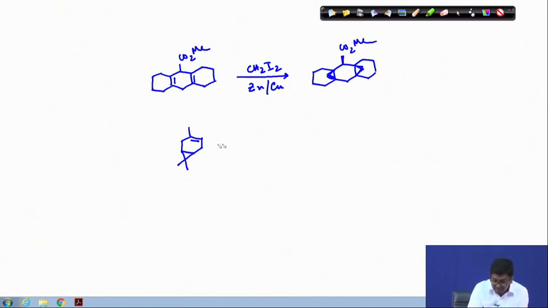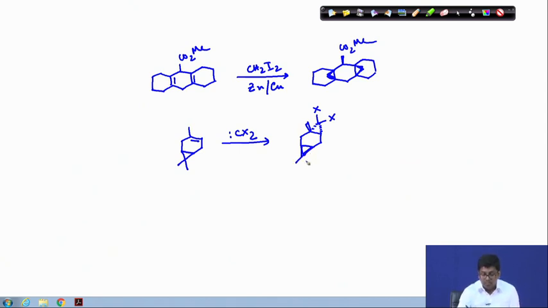Let us say this is the olefin, corresponding olefin, and if you have taken this olefin, this carbene, then actually the product that is generating, okay.